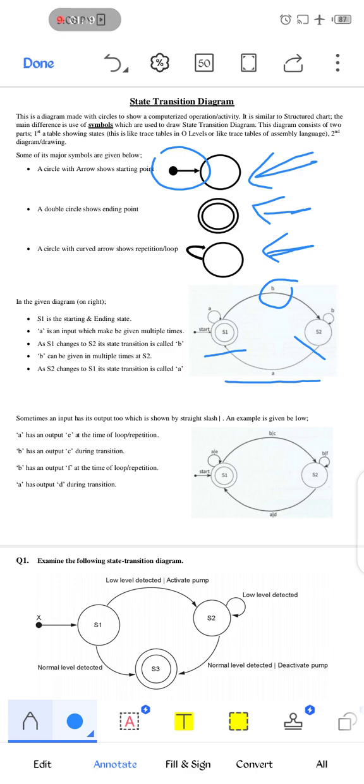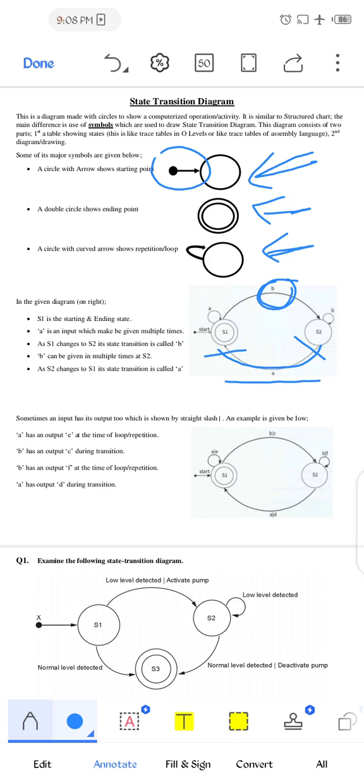As you enter input B, S1 changes into S2. At S2, if you press B again and again, it will not change its position. It will stay at state S2, so you can give B multiple times at S2. If you give A as an input at S2, it will change its state from S2 to S1.